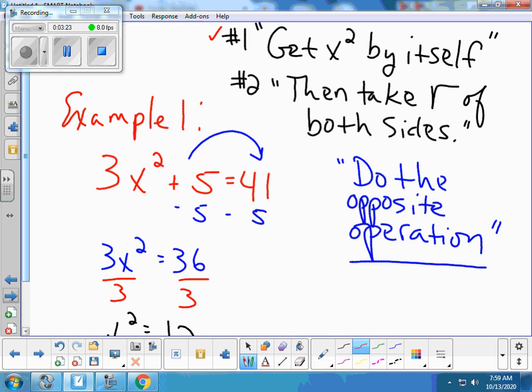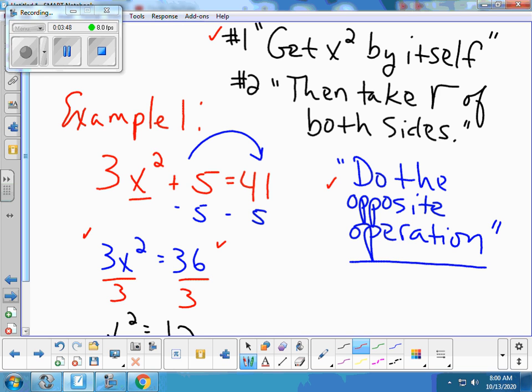So on this example here, I mean, you need problems to go over, obviously. We want to get this by itself. In our minds, that's step number 1. So that's what you need to tell yourself, because that's where you want to end up. So we're going to do that and do the opposite operation. Okay, subtract 5 and get 3x squared equals 36.